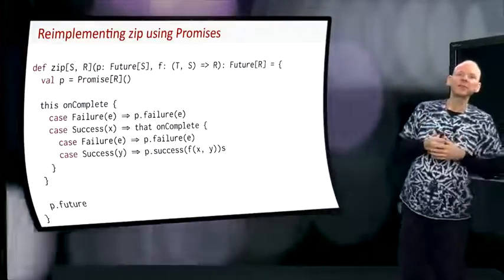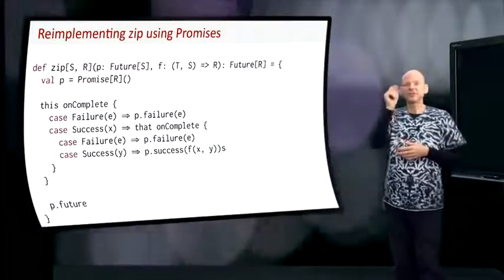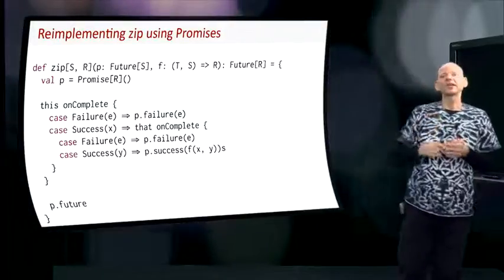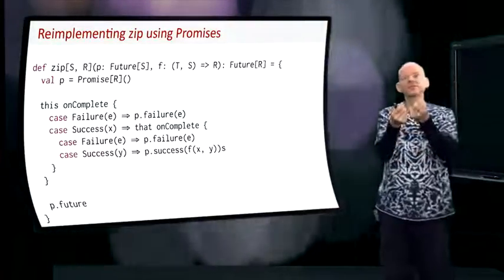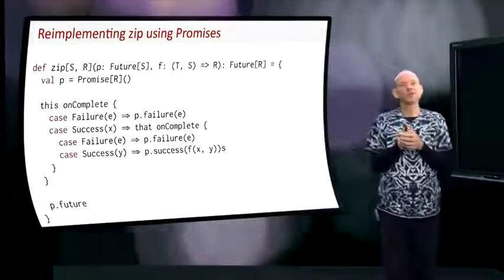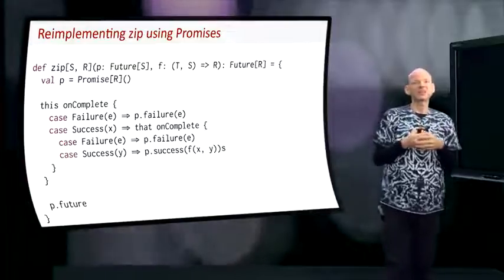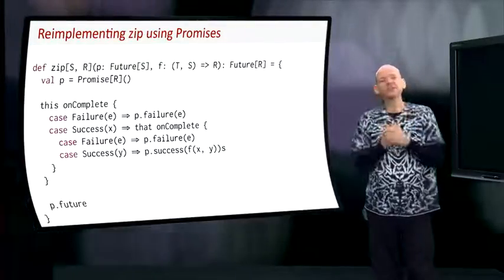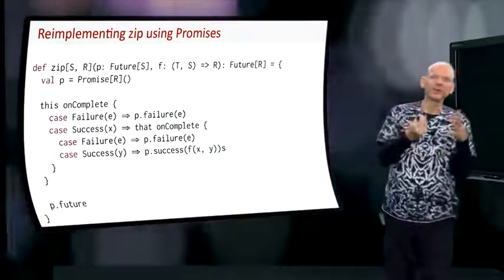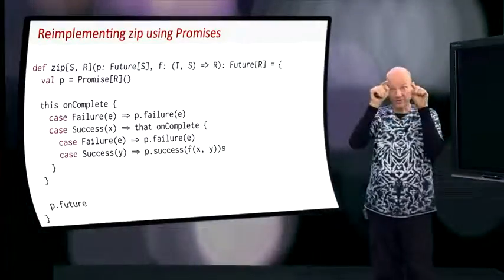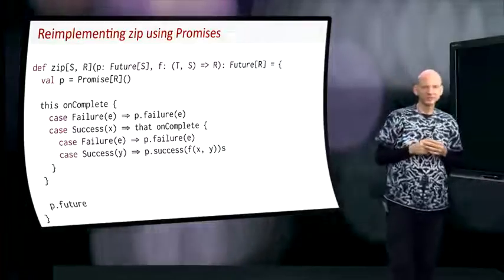And this zip here is a little bit different, in that instead of returning a future of pairs, it will take a function that receives the two values and returns the result. That way you don't have to do pattern matching. So this function could also be called zipWith, and it could be curried. But it doesn't really matter what the signature is. We're interested in the implementation.